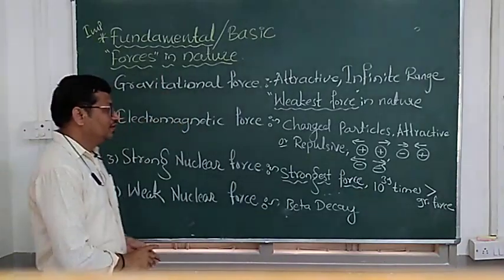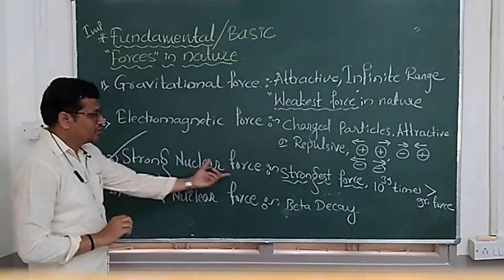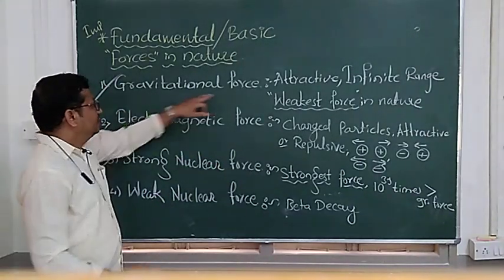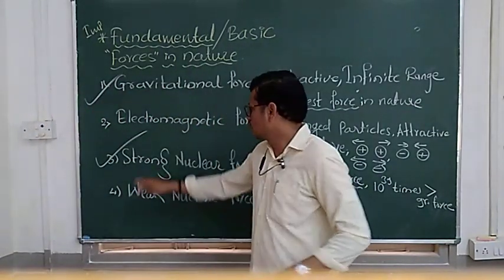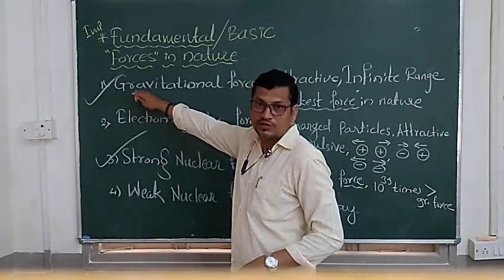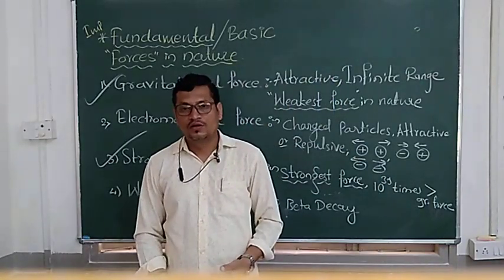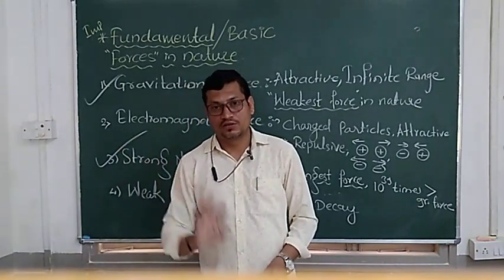Strongest and weakest. For strongest, you write strong nuclear force. Second one, you write gravitational force. Strongest force, strong nuclear force. Weakest force, gravitational force. These two you write. Sometimes they ask, write any two basic forces in nature.